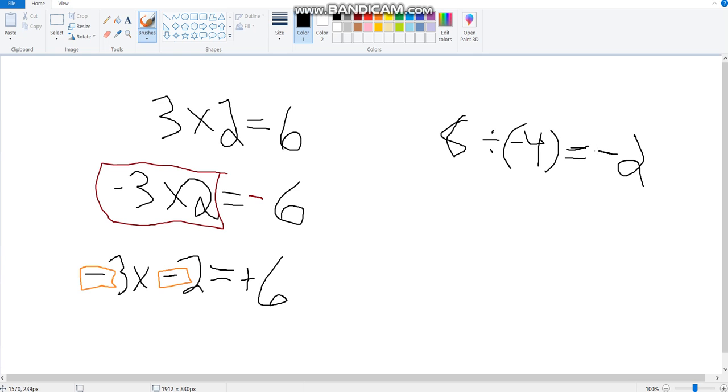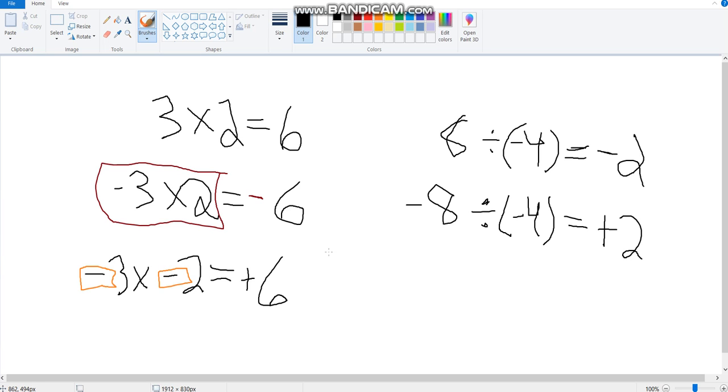That means I put a negative out here. And if I do a negative 8 divided by a negative 4, notice you'll see that I have 2 negatives. When I divide a negative by a negative, my end result is positive. So I get a positive 2 for negative 8 divided by negative 4.